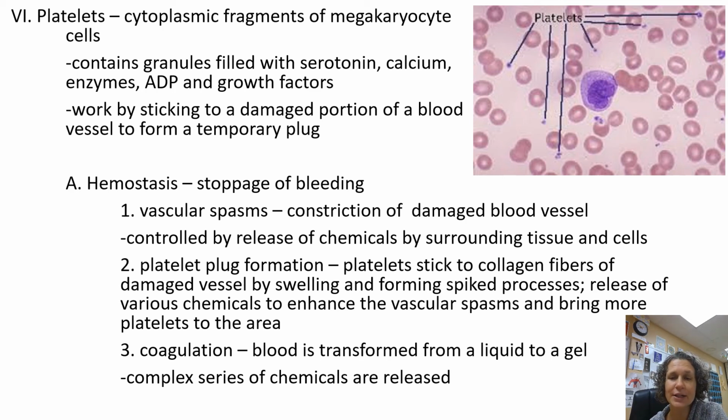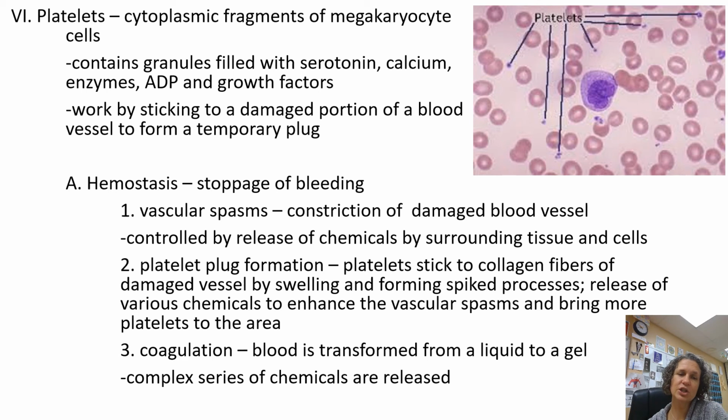And they contain little granules, little grains that are filled with all kinds of stuff: serotonin, calcium, different enzymes, ADP, so they can very easily become ATP, growth factors, and all those things give them the ability to stick to other things, stick to each other, and they will stick to a damaged piece or a tear in a blood vessel and form just a little plug. They stop the blood from flowing out of the blood vessel where it shouldn't. And this stoppage of bleeding is called hemostasis.